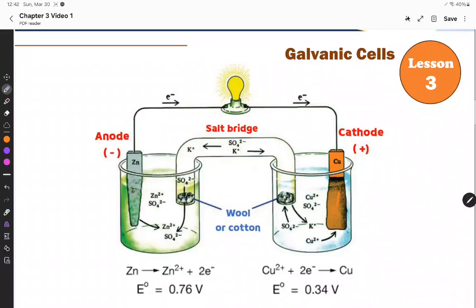Now let's see what happens here. The zinc electrode is going to be oxidized. That is why if you look at its mass, it is decreasing. Why? Because zinc is oxidized into zinc positive ion. What is the difference between zinc in the zero state and zinc in its positive state as ion? These are ions which dissolve in the solution here.